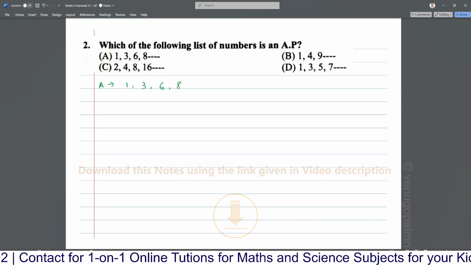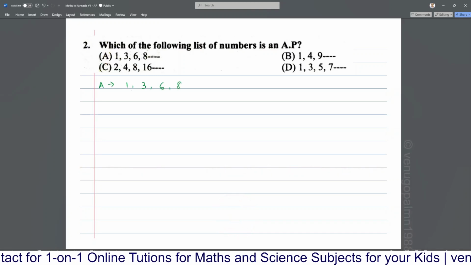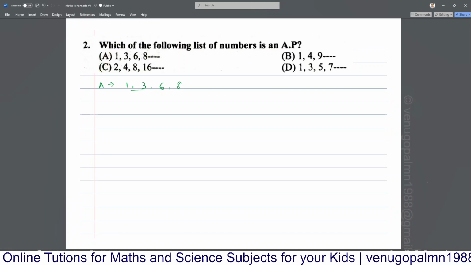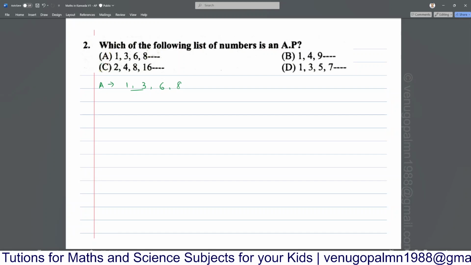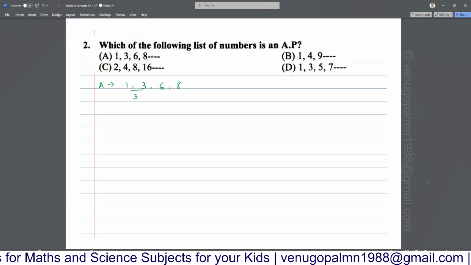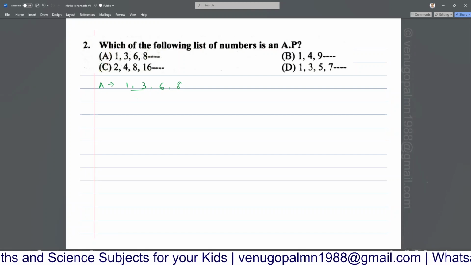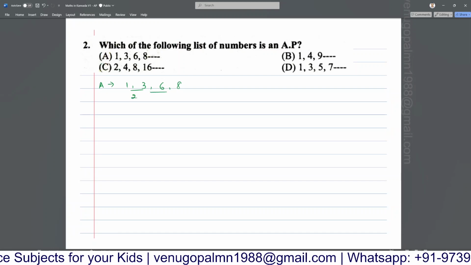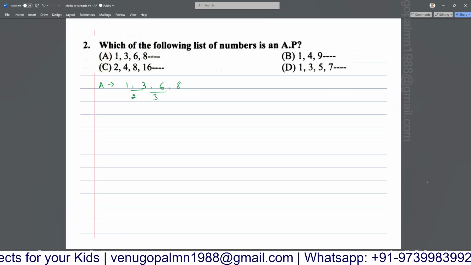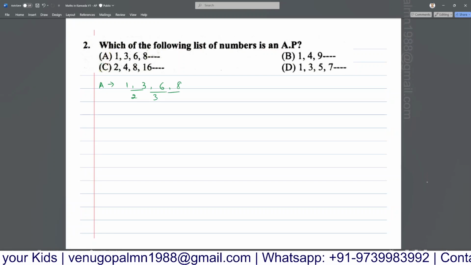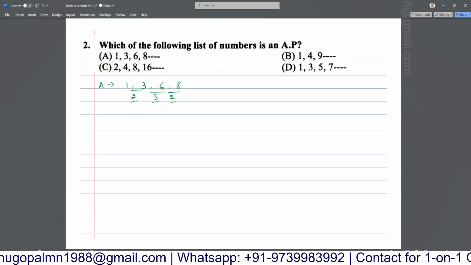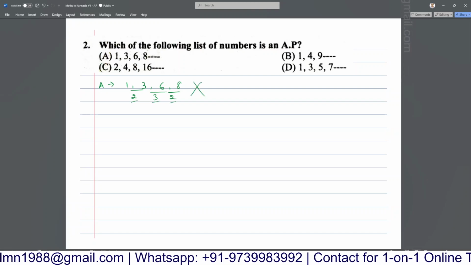To find out whether this is an AP or not, find the difference between two consecutive terms: A2 minus A1 is 3 minus 1, which is 2. Similarly, A3 minus A2, 6 minus 3, is equal to 3. And if you subtract 8 minus 6, it will be 2. So D is not common in all these cases, so A is not the right answer.